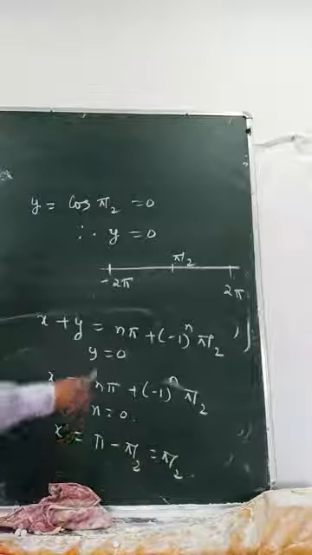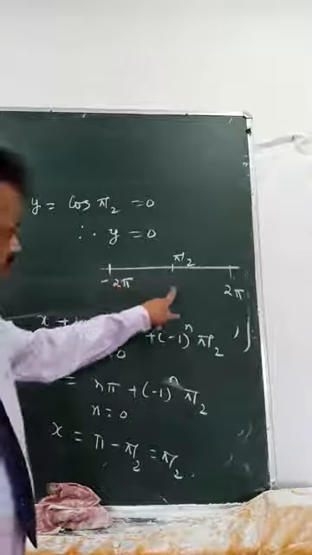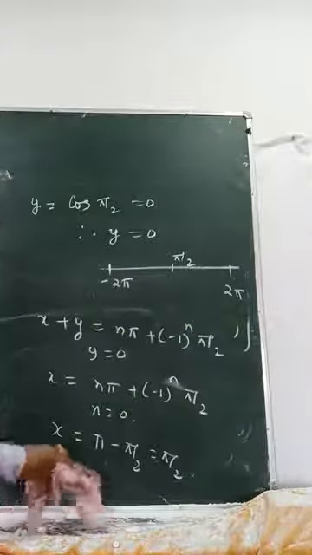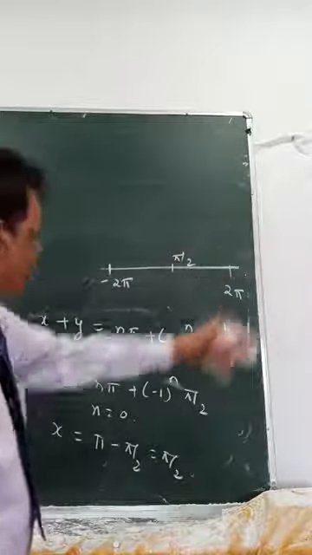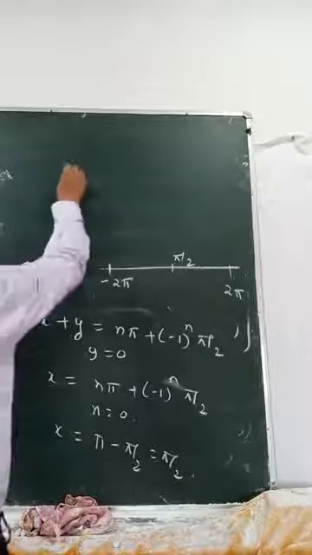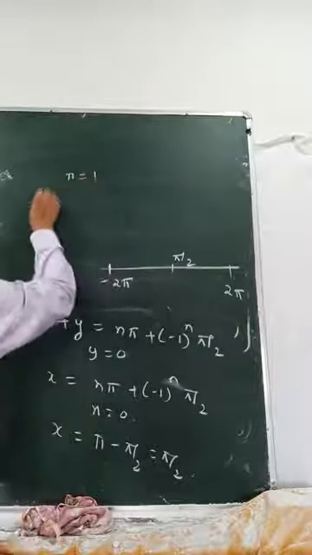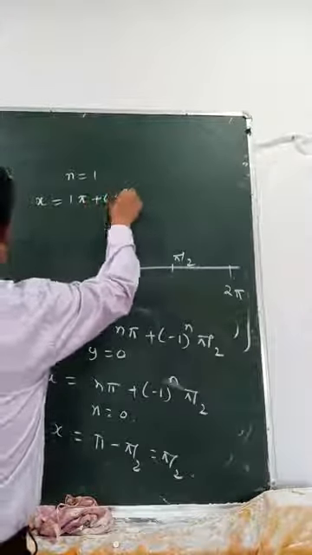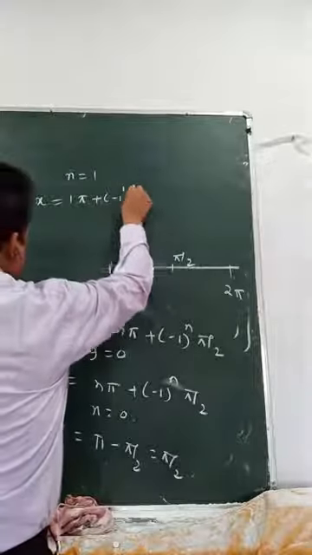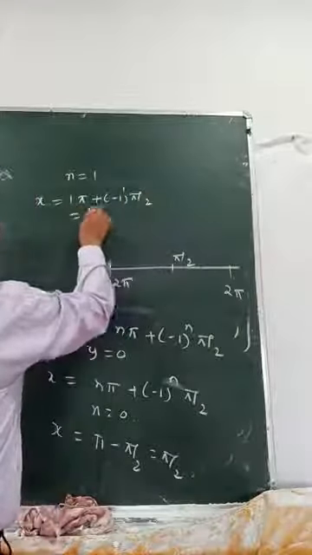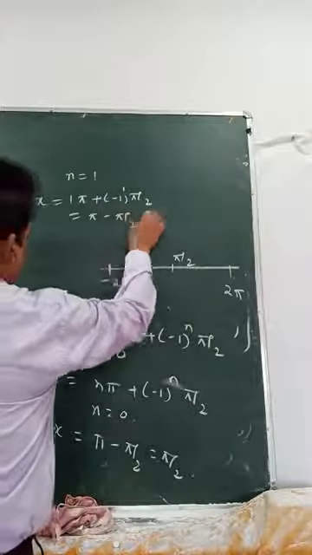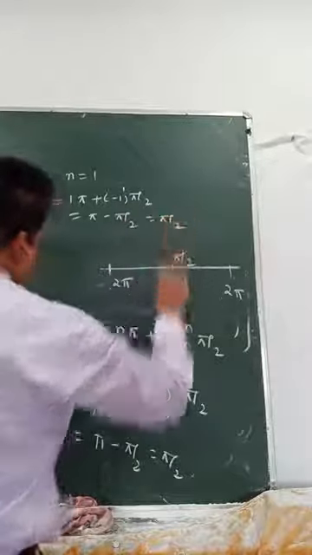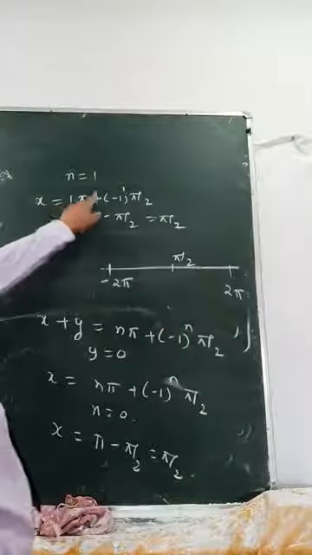Okay? Because you take the values of x between this. Now put n equals 1. n equals 1, x equals 1 pi plus minus 1 to the power 1 pi by 2. That means pi minus pi by 2, that is the same pi by 2 you are getting. Okay.